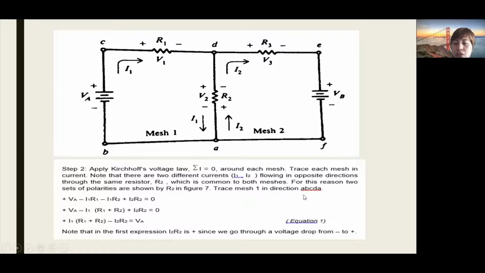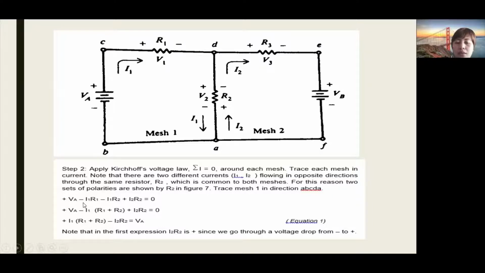Trace mesh 1 in direction A, B, C, D. The voltage applied is positive because of the terminal signs, negative, positive. Since the direction is clockwise, the voltage applied is positive.